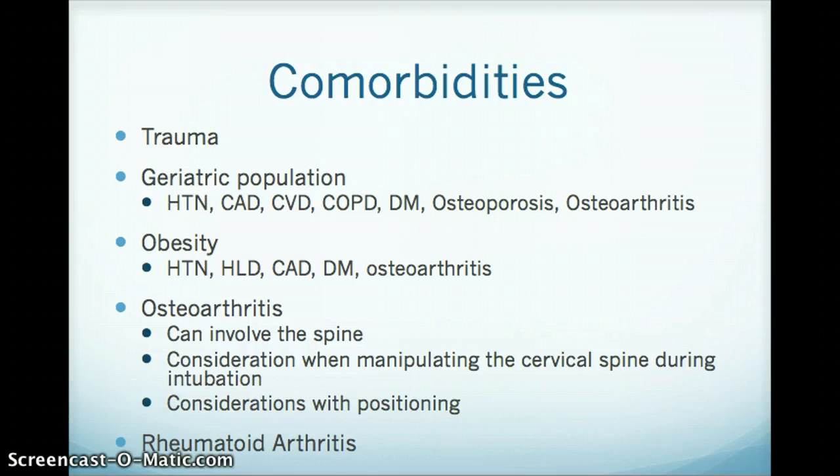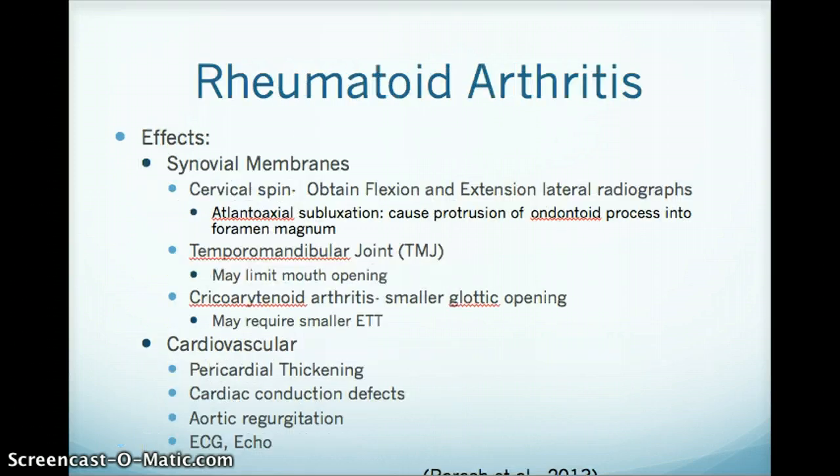A significant comorbidity that is common among the orthopedic surgery patient is rheumatoid arthritis. Rheumatoid arthritis affects all of the synovial joints in the body, but as an anesthesia provider, we are most concerned with the cervical spine, temporomandibular joint, and cricoarytenoid joints.